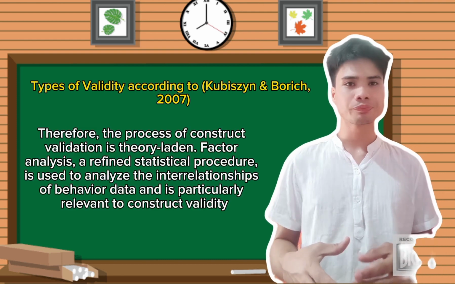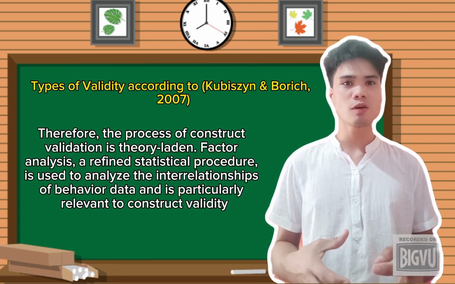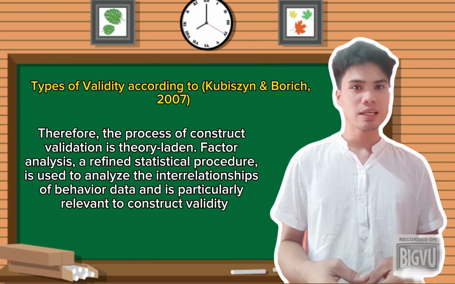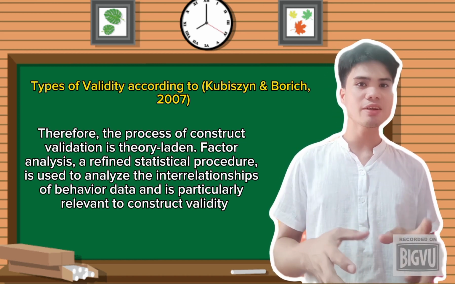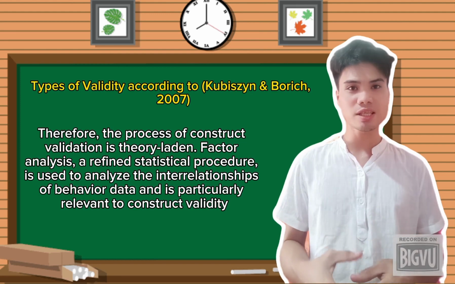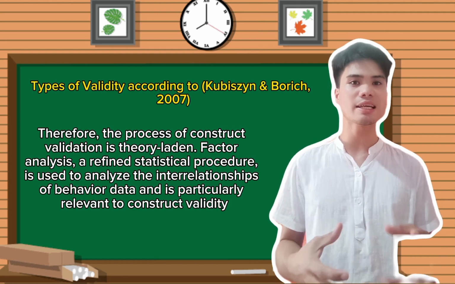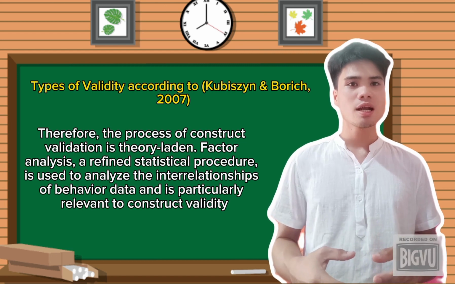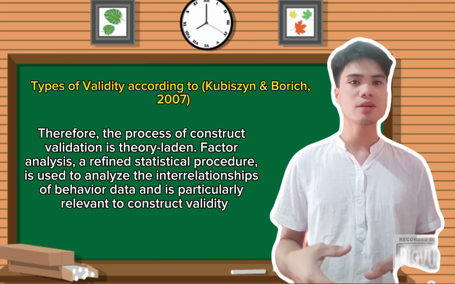Therefore, the process of construct validation is theory laden. Factor analysis, a refined statistical procedure, is used to analyze the interrelationships of behavior data and is particularly relevant to construct validity.